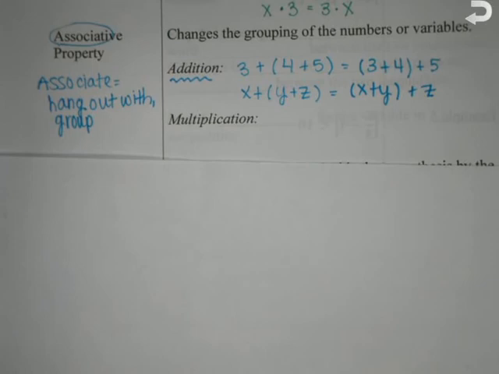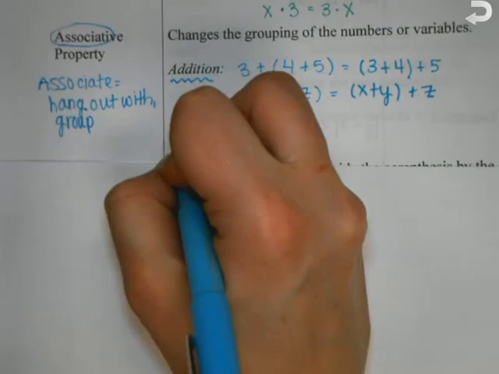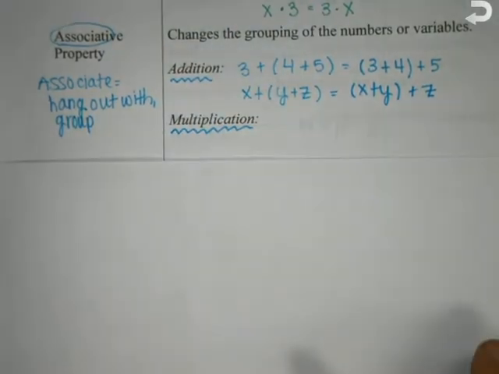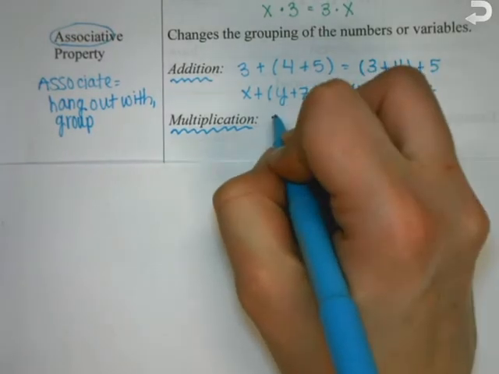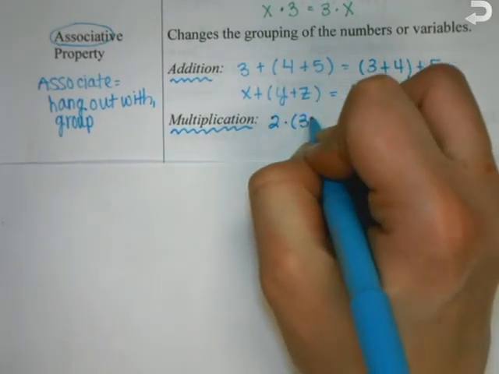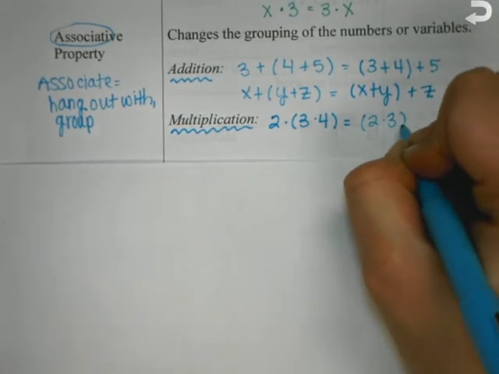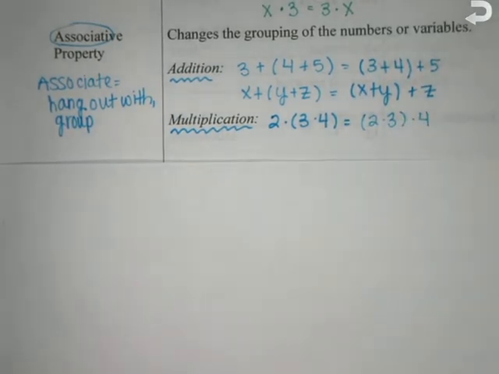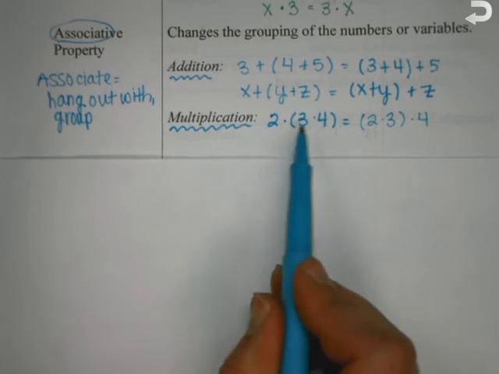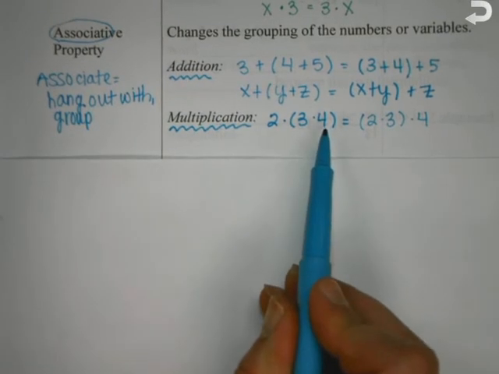Same thing for multiplication. For example, 2 times (3 times 4) is the same as (2 times 3) times 4. Correct? 3 times 4 gives me? 12.